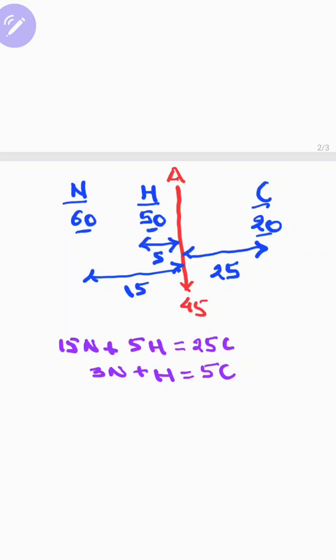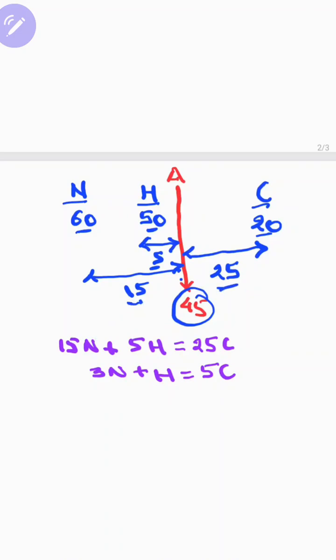50, 20. Now understand, in a weighted average, the higher the weight, the more it'll pull that average towards itself. So if the average is just 45, the distance of N from 45 is 15, distance of H from 45 is 5, and distance of C from 45 is 25.